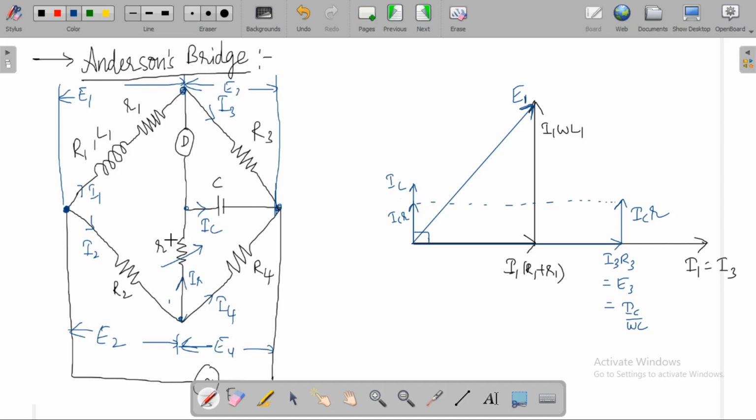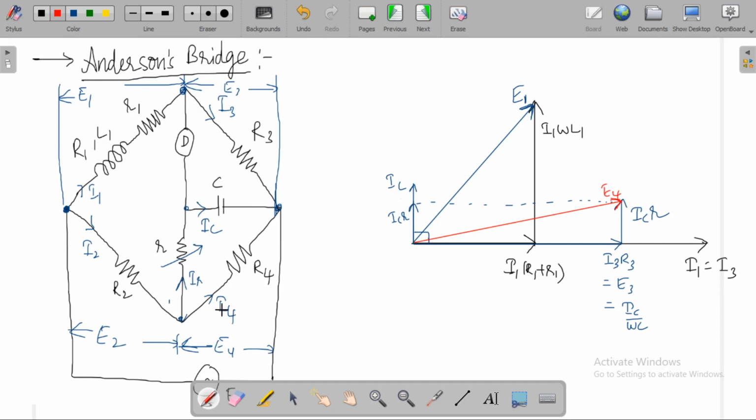This is the voltage across C, and this is the voltage across R. Then we get E4. The phasor sum of these two is E4.